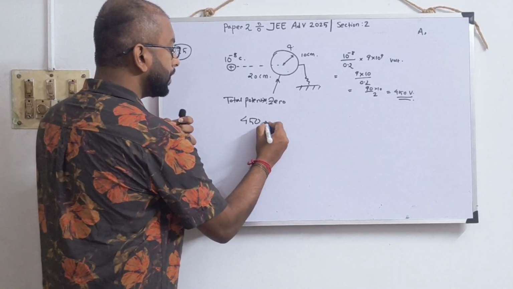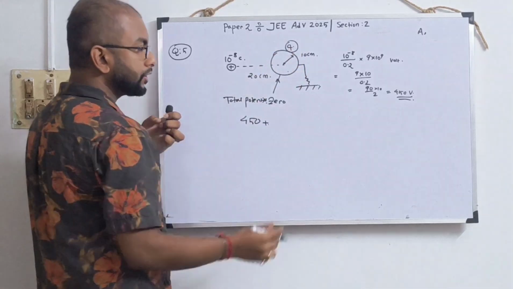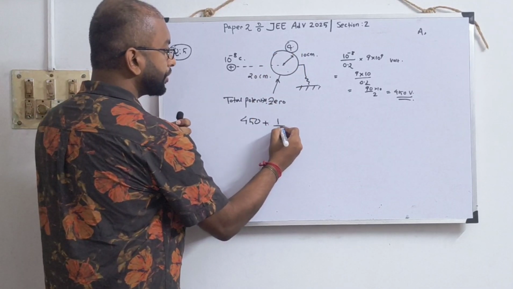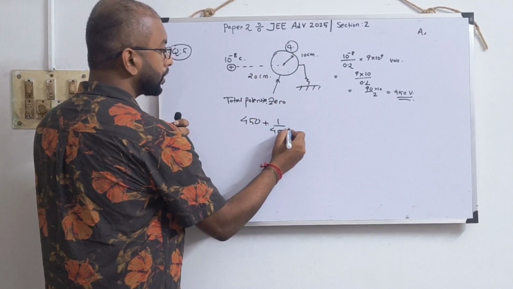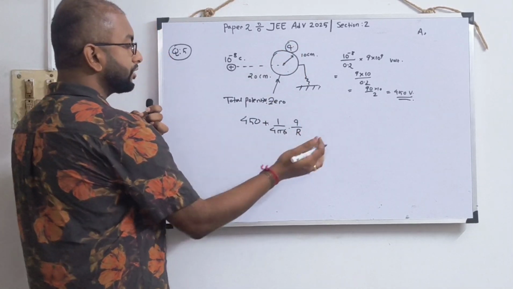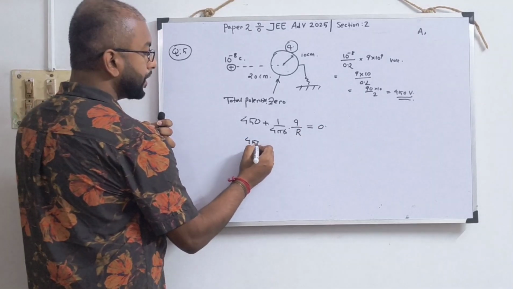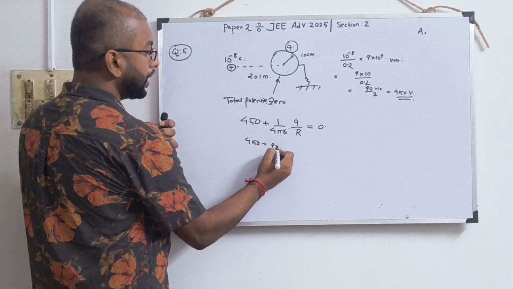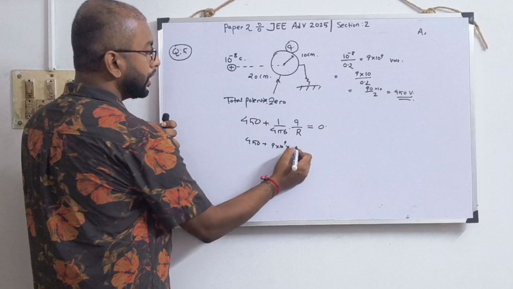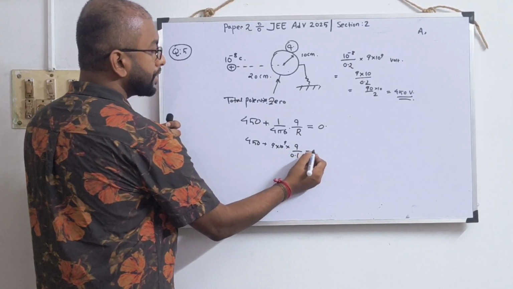So 450 plus, due to the induced charge, some potential will be there. And what is that potential? 1 by 4 pi epsilon naught into Q by R. Here R is the radius of the sphere. So that ultimately will become 0. So 450 plus 9 into 10 to the power 9 into Q by 0.1 is 0.